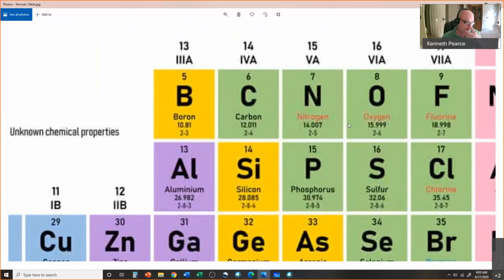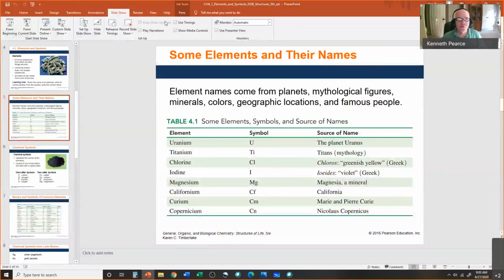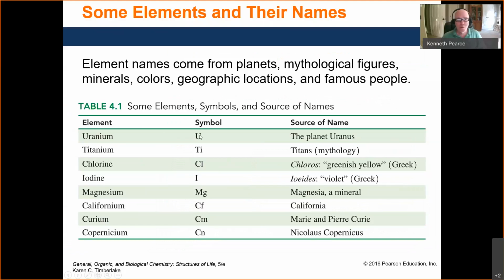Now, when we're doing these symbols, you got to make sure that they're capitalized. The first letter is capitalized if it has two letters, and if it has one, obviously it's just one, and it's capitalized. So this is a periodic table, and it has the elements on it, and every one of them has a symbol and a name that goes with them.